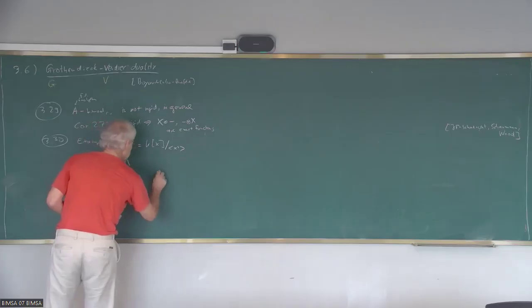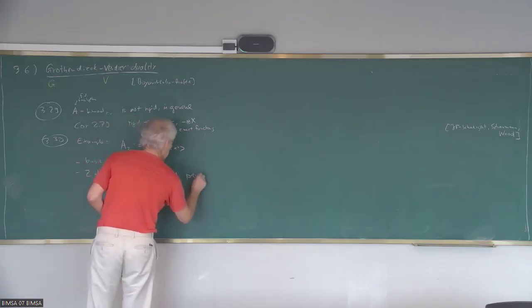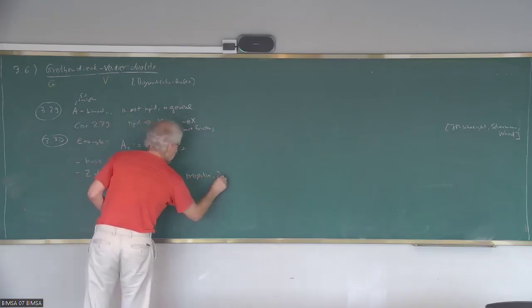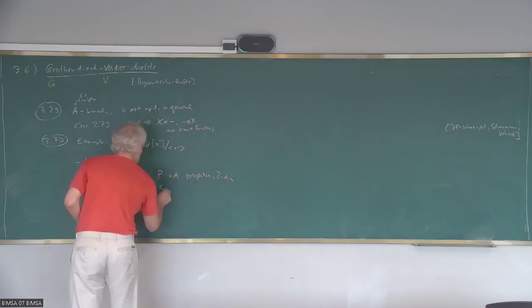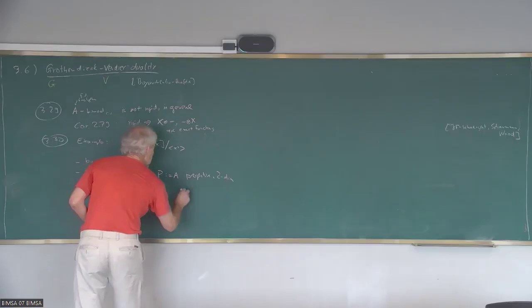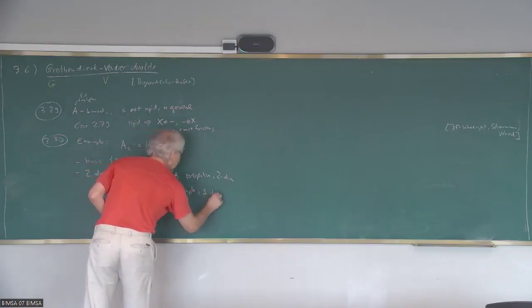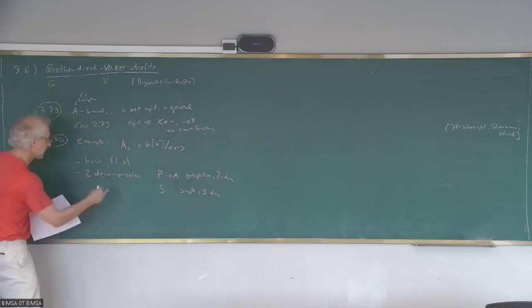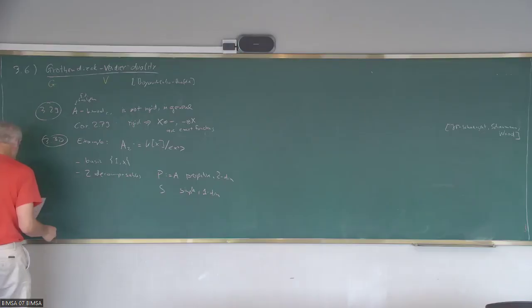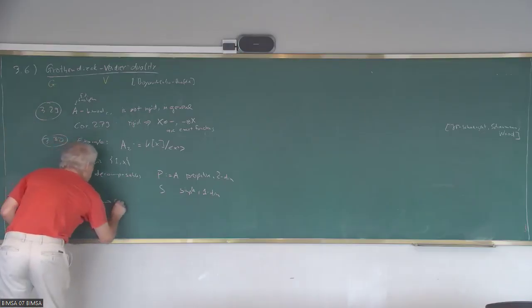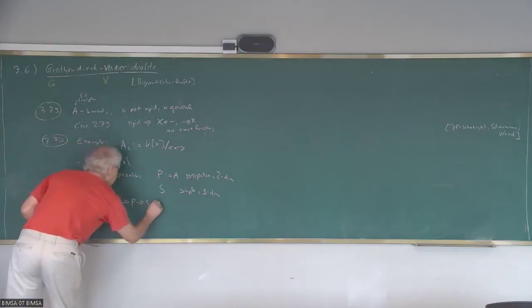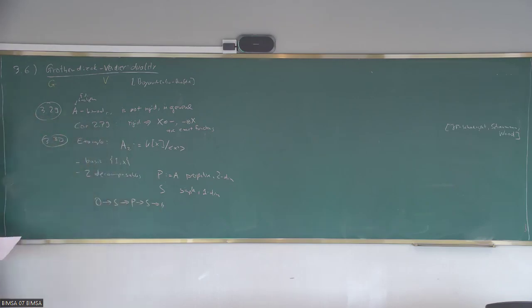First of all, A itself, which is projective and two-dimensional, and S, which is simple and one-dimensional, from which it directly follows that P actually is an extension of S by itself. So there's an exact sequence of this type.